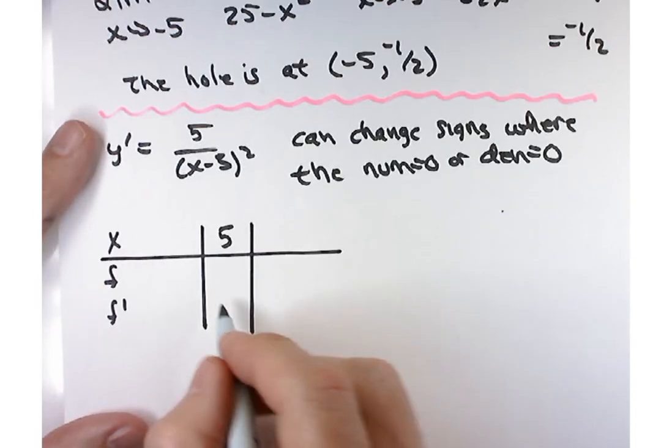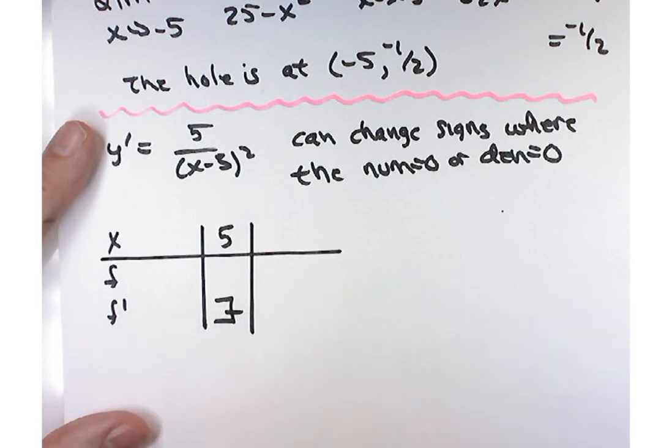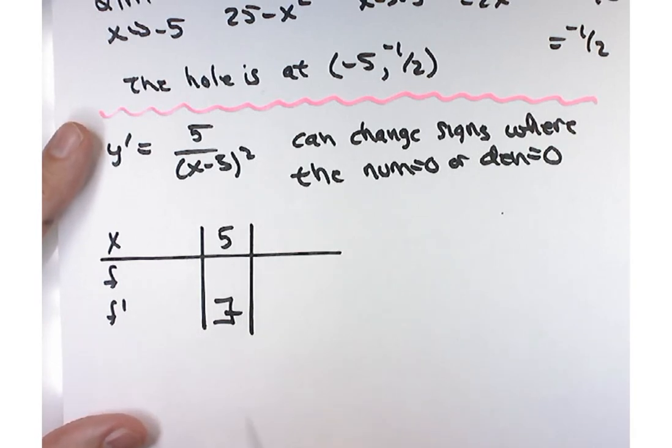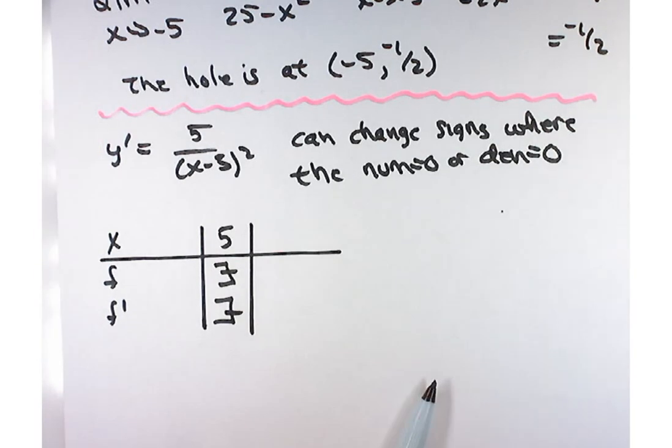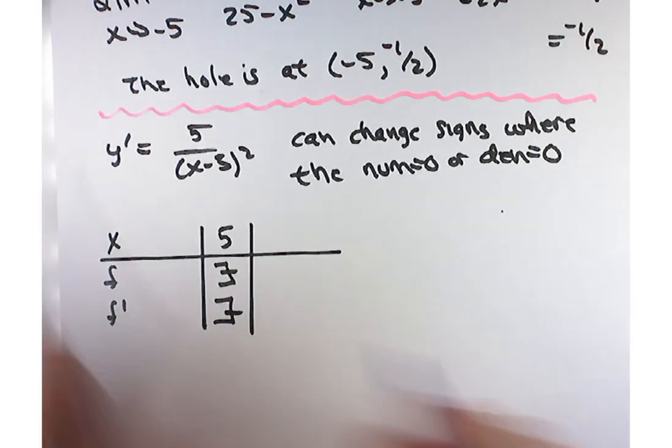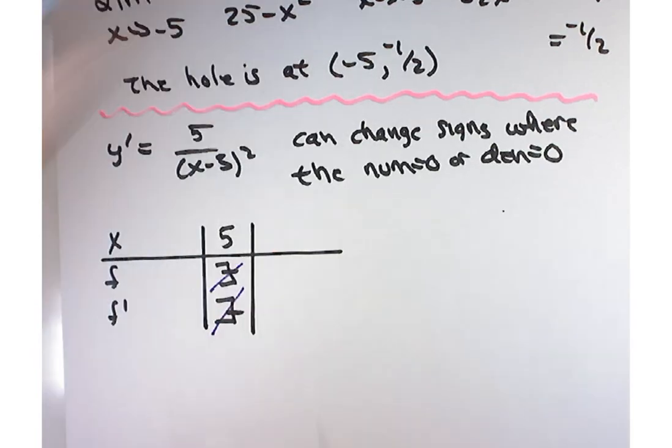So here's a fancy symbol, a backwards capital E. That means there exists. And if I draw a slash through it, that means that point doesn't exist. There's no derivative at 5, and there's no function at 5.